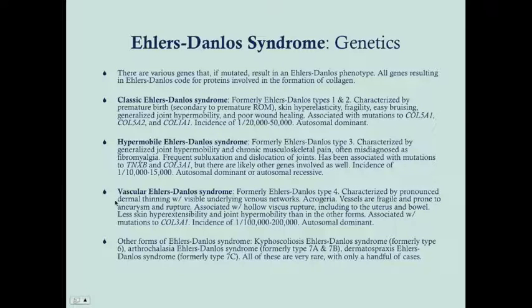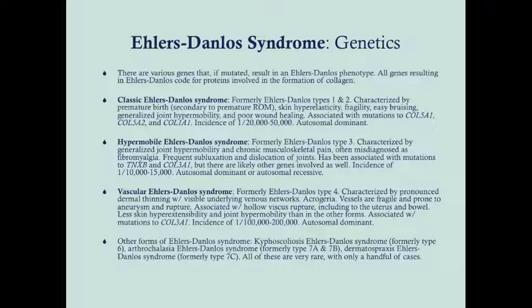Vascular Ehlers-Danlos syndrome is an important differential because this confers a different prognosis. This is formerly called Ehlers-Danlos type 4, and this is characterized by a pronounced dermal thinning with a very visible underlying venous network, acrogeria, which is sort of an aged appearance of the hands. And importantly, the vessels are fragile and they're prone to aneurysm and rupture.